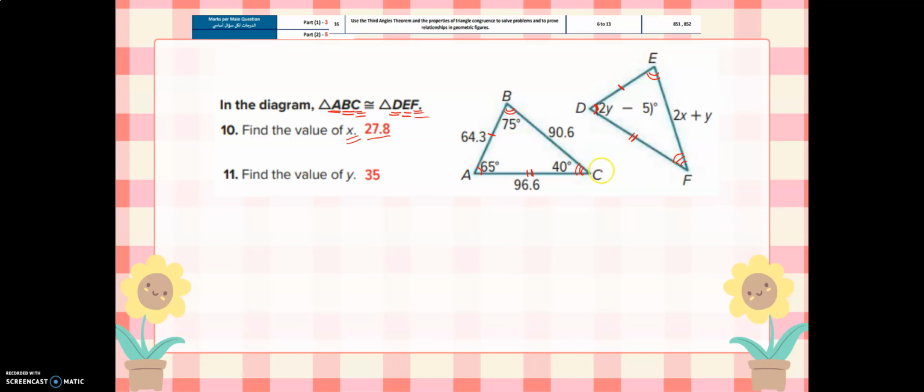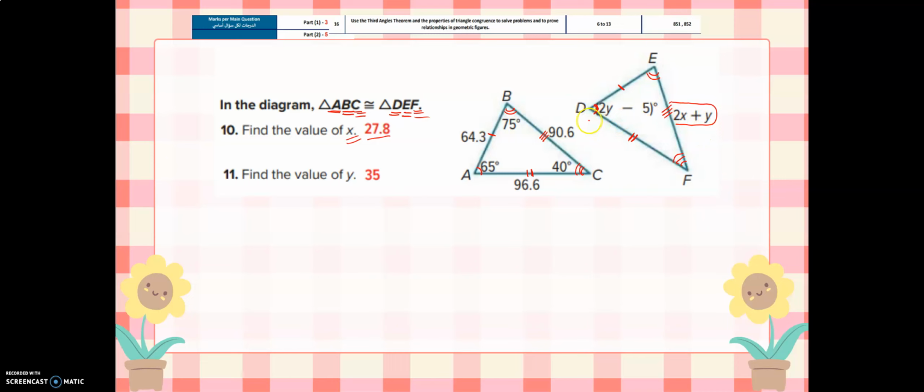So side AC corresponds to side DF, and side BC corresponds to EF. Alright, so we are looking for x, and this is where we are going to get it. But do we know the y first? Alright, so we need to solve for y in this case.